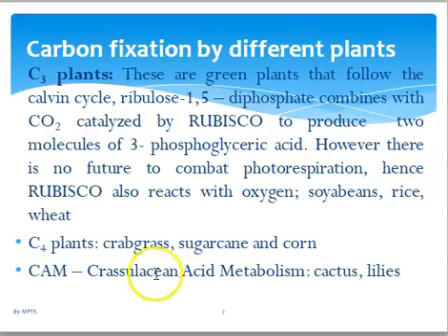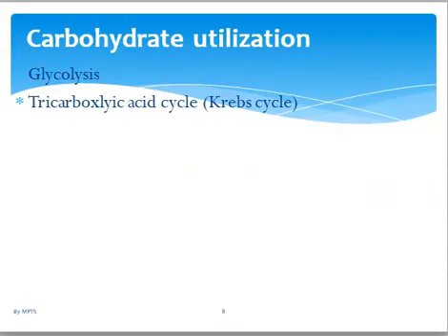These are mostly desert plants, cactus and lilies. Ensure you know examples and can explain this. I don't have to go through all of them because this is a short presentation, at least to motivate you to go and read further. You should know that these are the first stages of carbohydrate utilization, because it is these stages that produce the components required in the production of secondary metabolites.